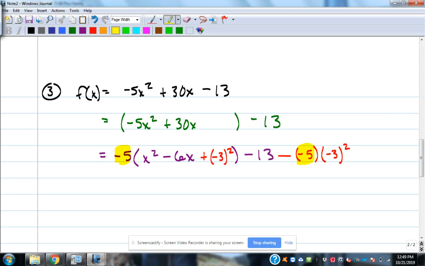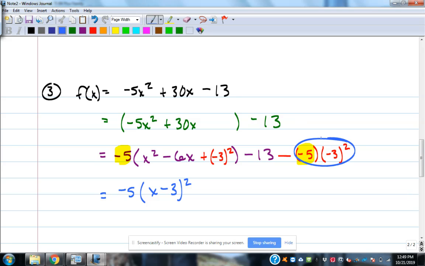Okay, whatever you pulled out to the front, it's got to be there. On the very first problem we did, we pulled out a 1 technically, so there was a 1 there. But now the factoring's easy right here. We get negative 5 parentheses x minus 3 squared.